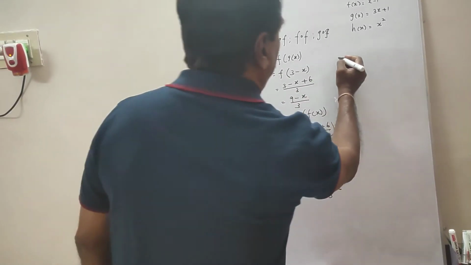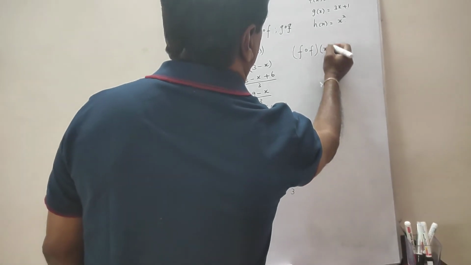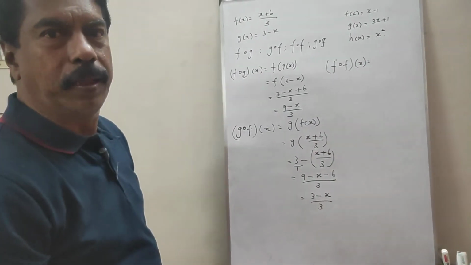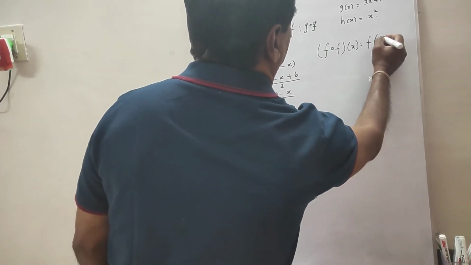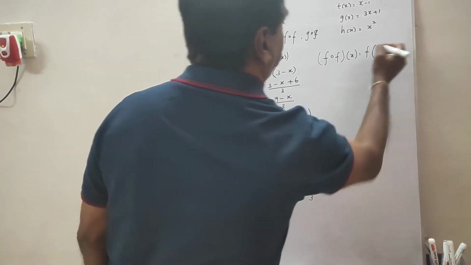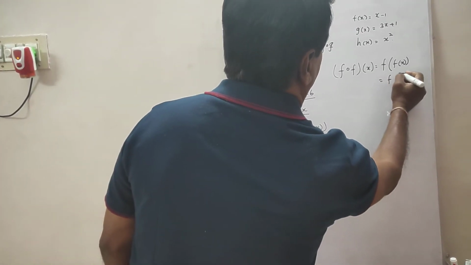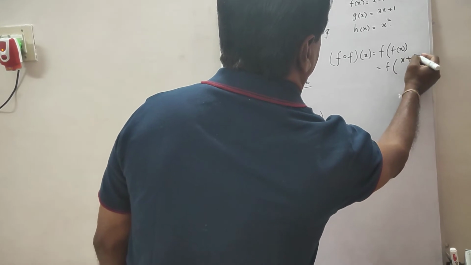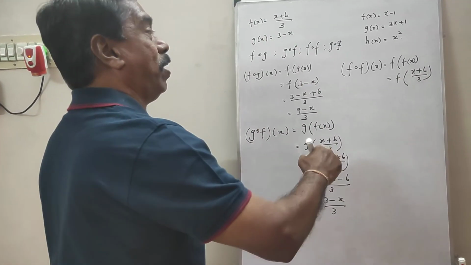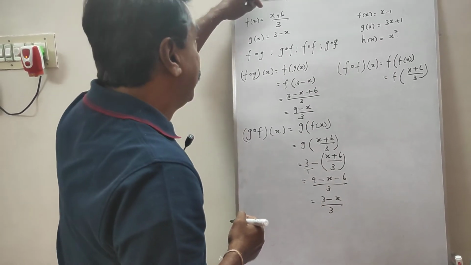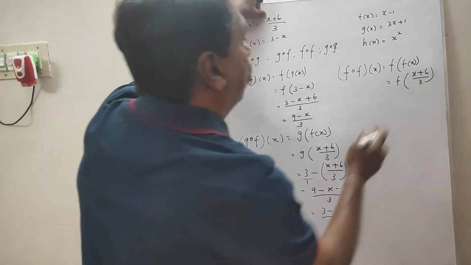If you want to find the f dot f of x, in the same way we can follow. What is f of x? f of x is (x plus 6) by 3. Now what is f of (x plus 6) by 3? In this function, again you replace x by the term within the bracket.